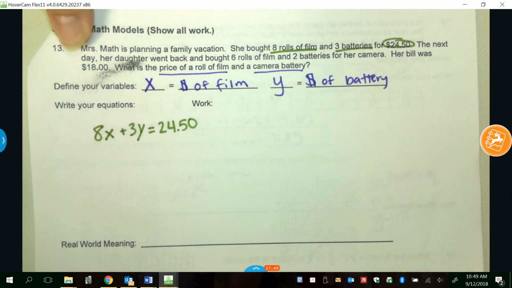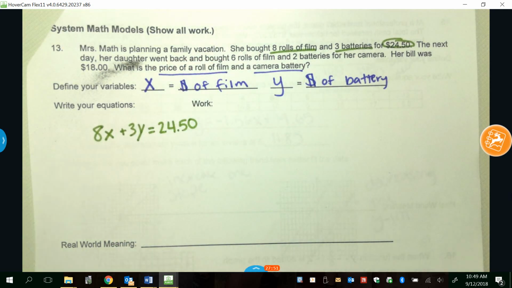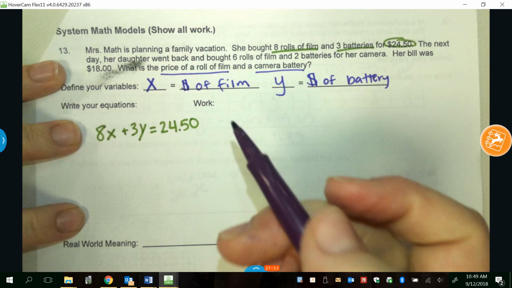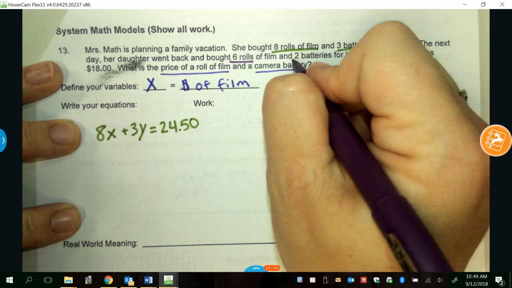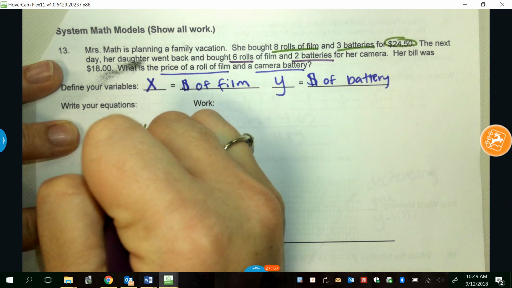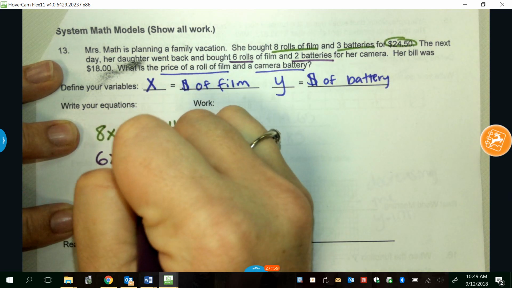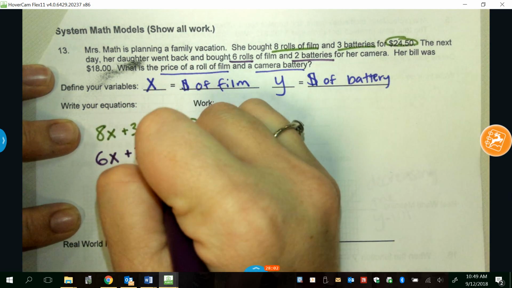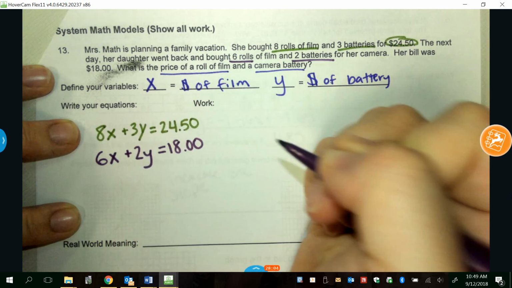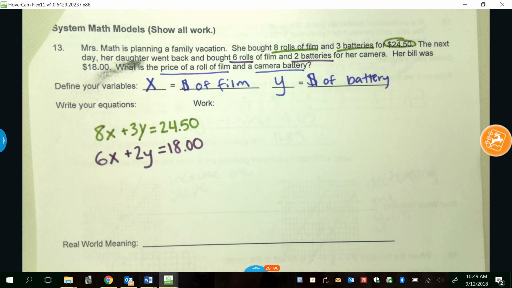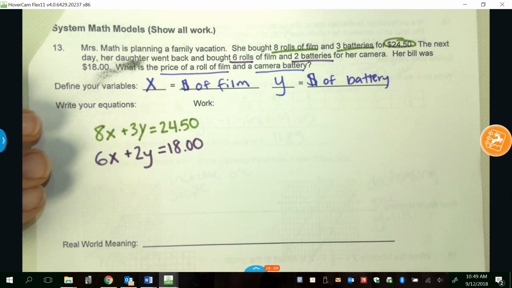Then the other equation, she bought 6 rolls of film and 2 batteries, so 6 film plus 2 batteries, and she spent $18. Right, so there's our equations.